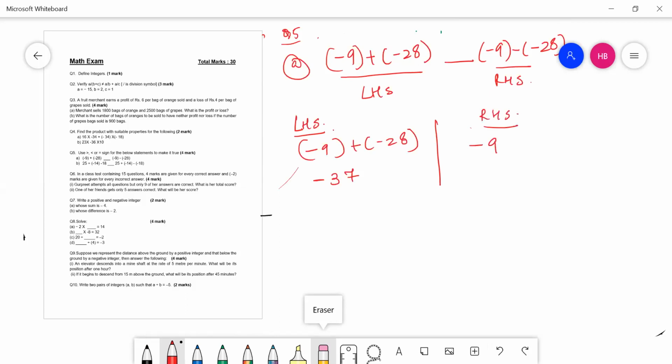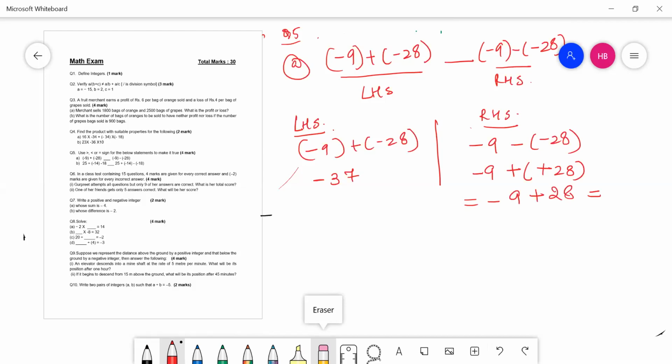Minus 9 minus of minus 28. So basically I'm doing subtraction of two integers. I'm going to convert the minus operator into plus and take the additive inverse of minus 28, which will be plus 28. So my expression will be minus 9 plus 28. Here I'm subtracting 9 from 28.